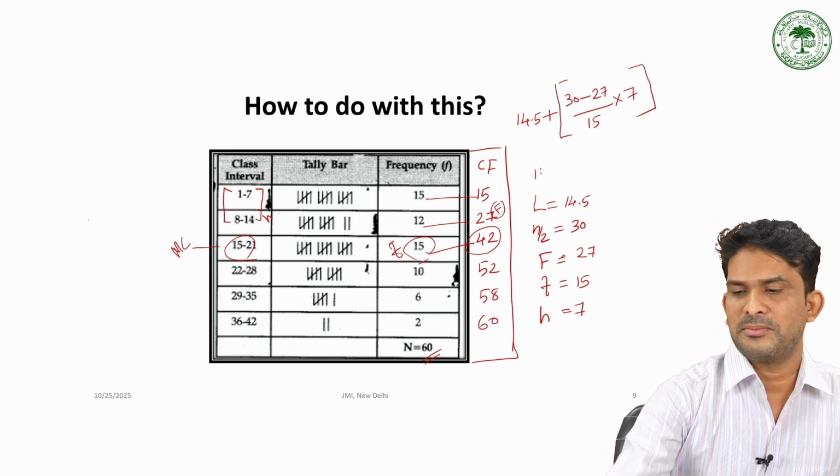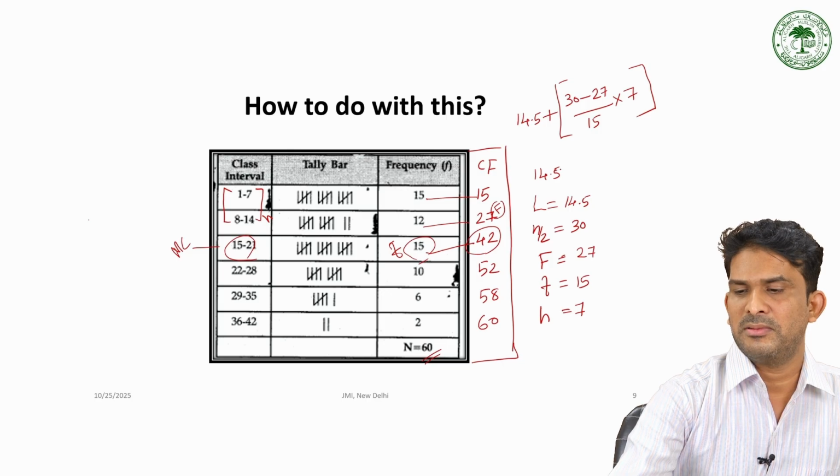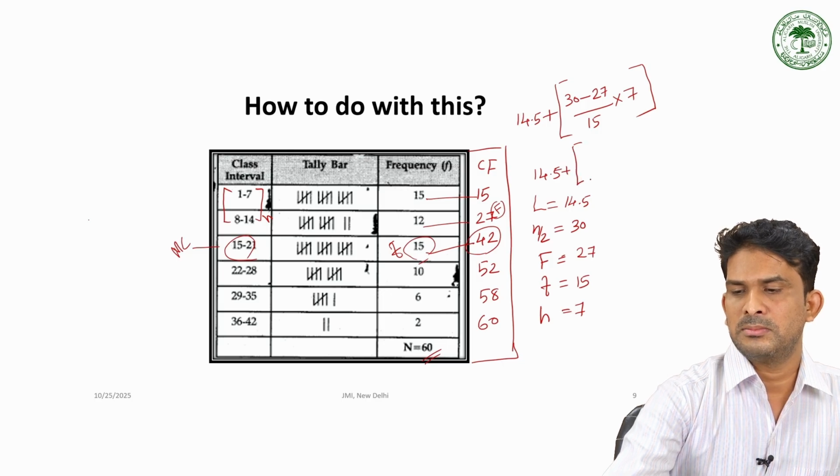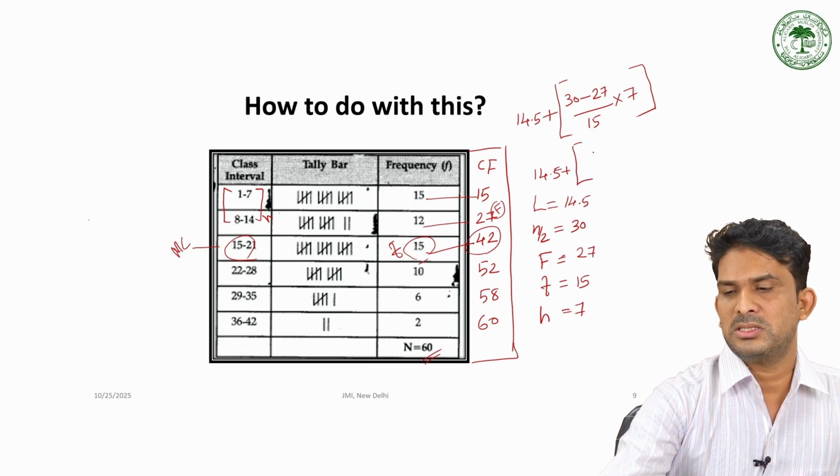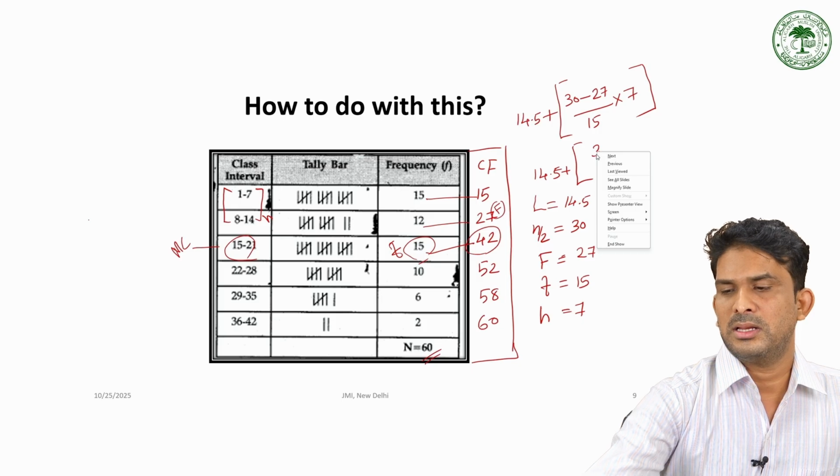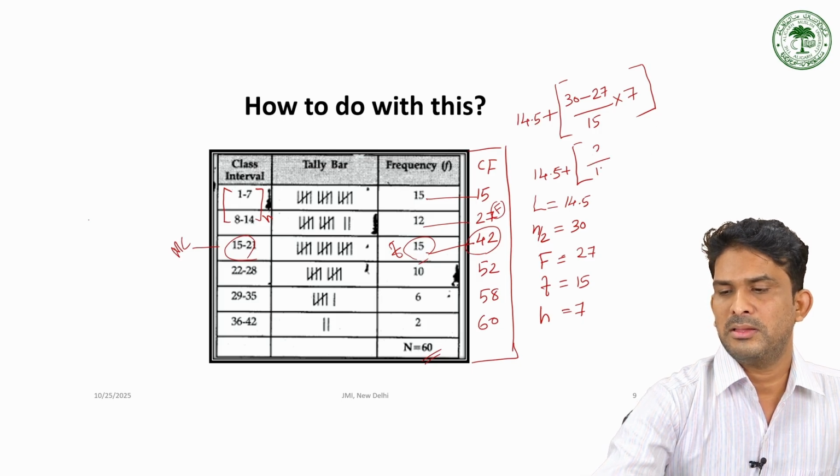Go for that. 14.5 plus 30 minus 27, 3, right? 3 by 15, 3 by 15 into 7.